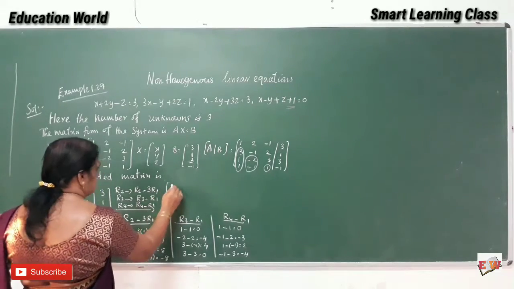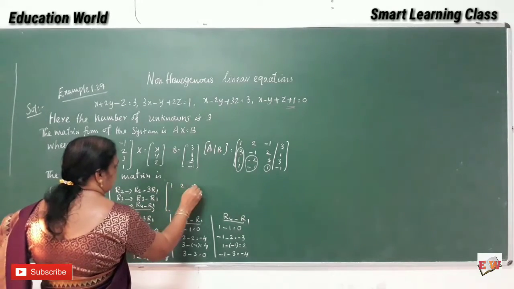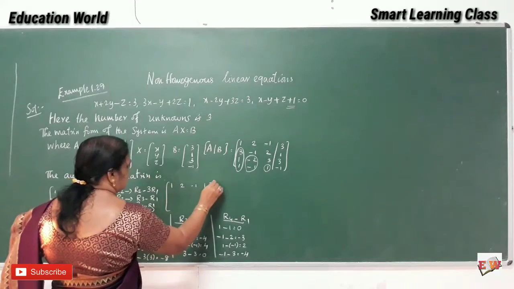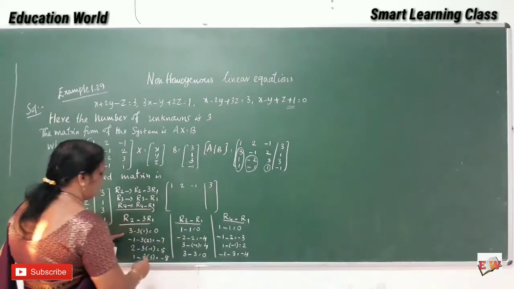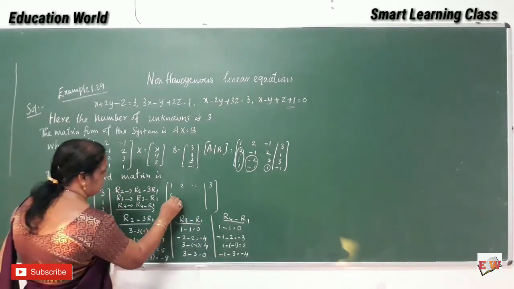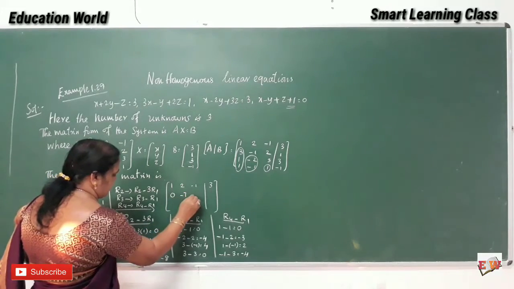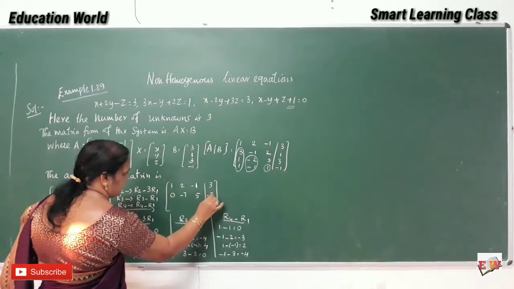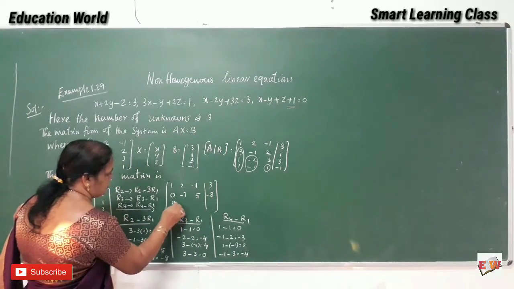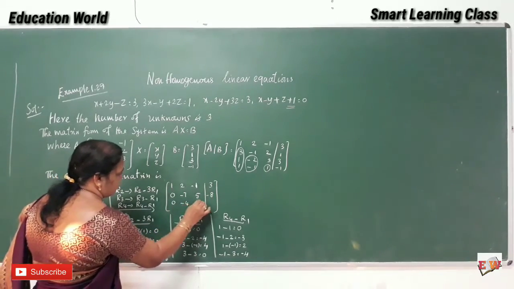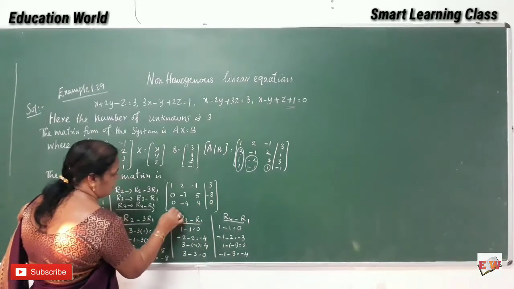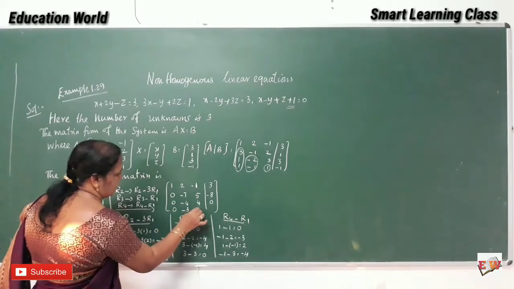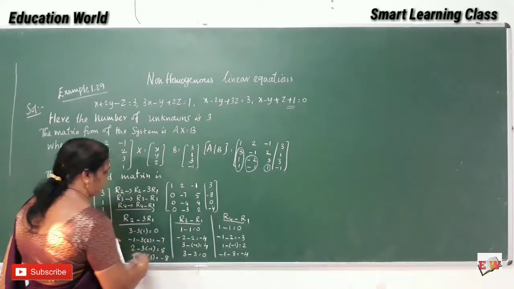See, the first row as it is we have to write; there is no change in that. The second row I am going to transform like this: 0, minus 7, 5, minus 8. Here 0, minus 4, 4, 0. Here 0, minus 3, 2, minus 4.